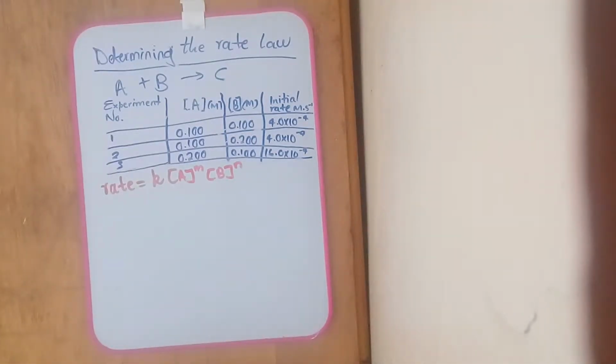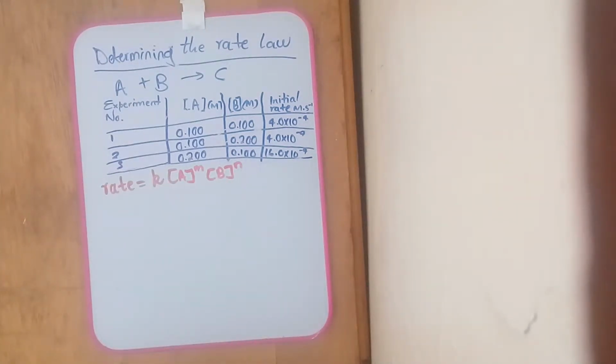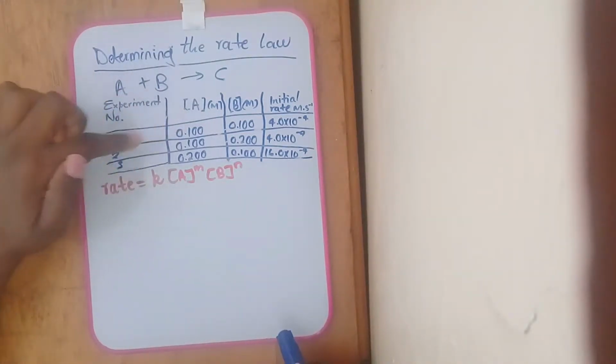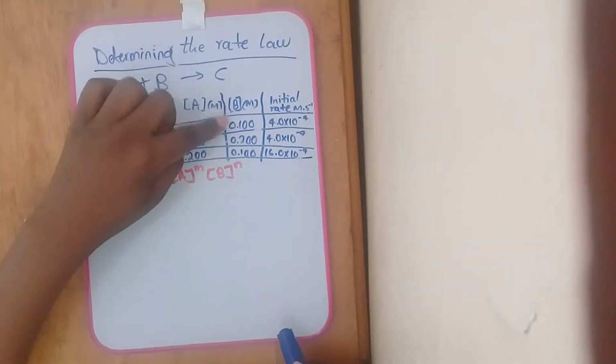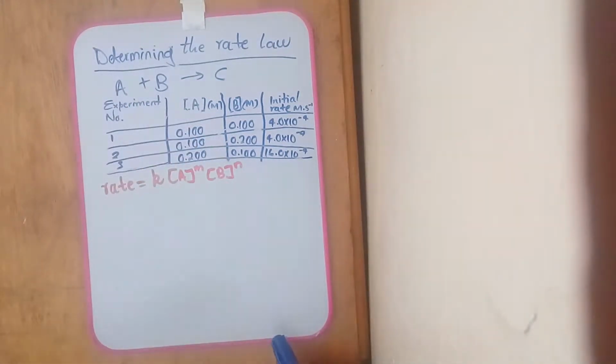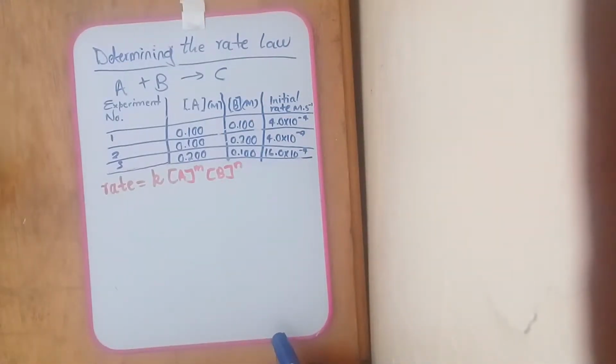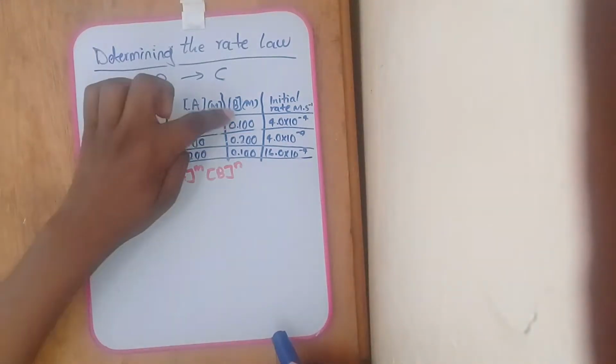To find the reaction orders, looking at this table, from experiment 1 to experiment 2, the initial concentration of A did not change, but the initial concentration of B did change from 0.100 molar to 0.200, which did not affect the initial rate of the reaction, because it stayed the same. So I'm assuming that since the initial concentration of B does not affect the initial rate, this reaction is zero order in the concentration of B.